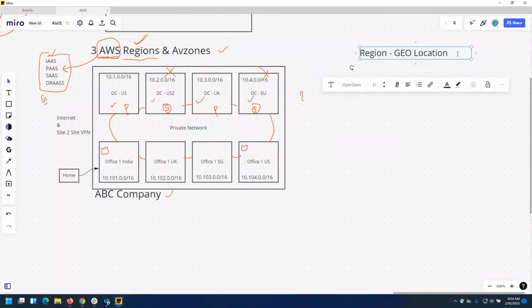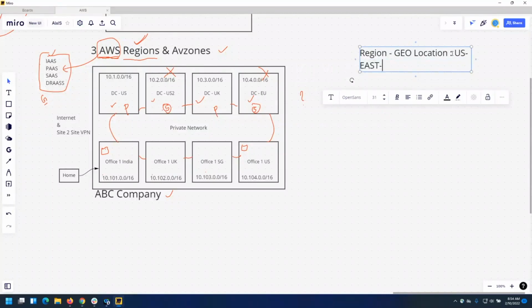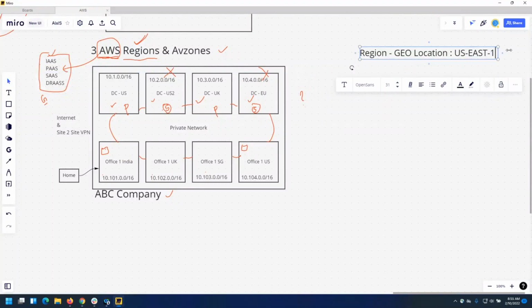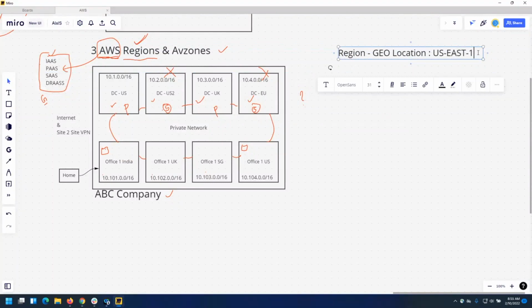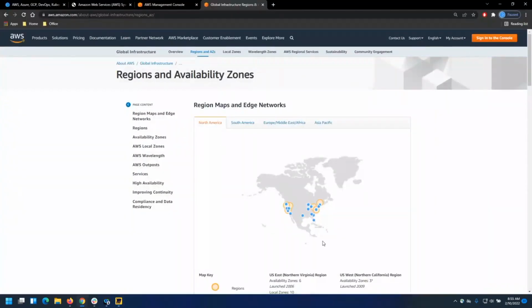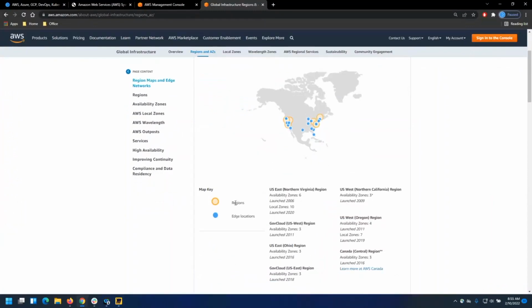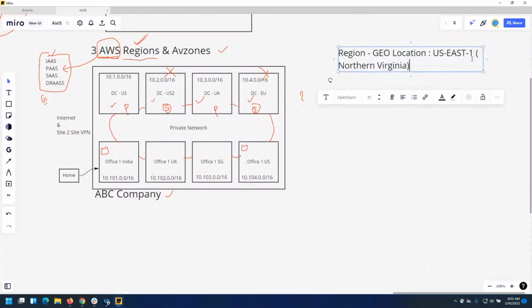So when I say geolocation, say US-east-1, that is the geolocation, the logical identification of one of the regions. It means where it is located. It is located in North Virginia. Make sense?